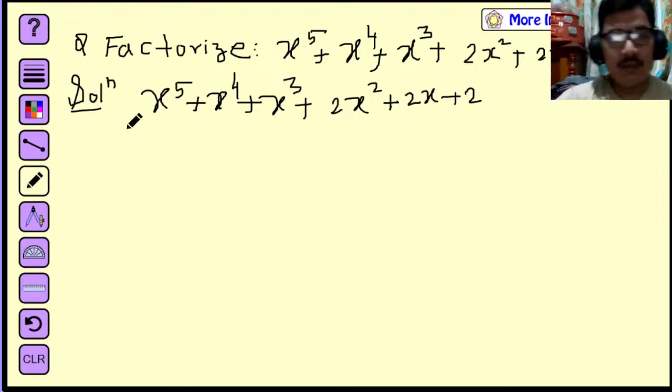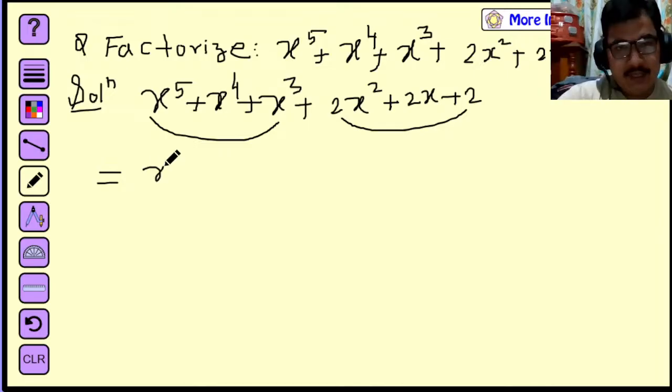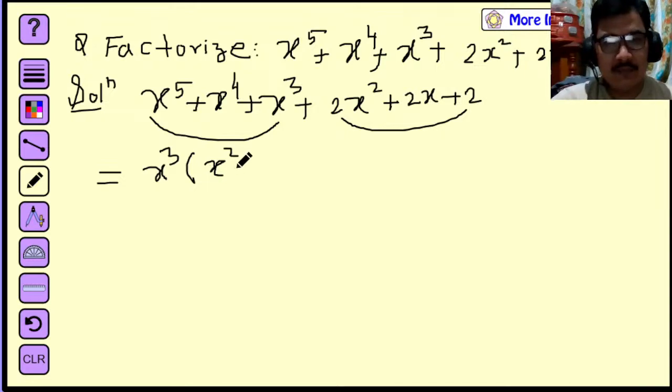Look here, children, in this question these three terms look similar, and these three terms look similar. In all of these there is 2 common, and in the first three there is x cube common, let's take that. If we take x cube common from x to the power 5, then here x square remains, because x into x into x is taken common.